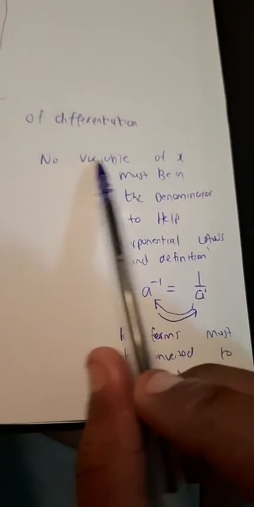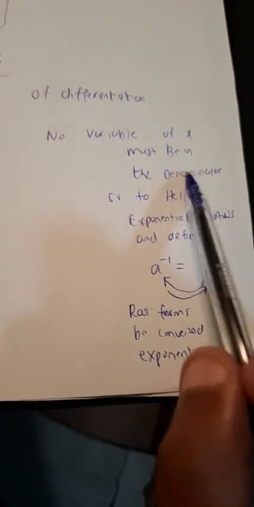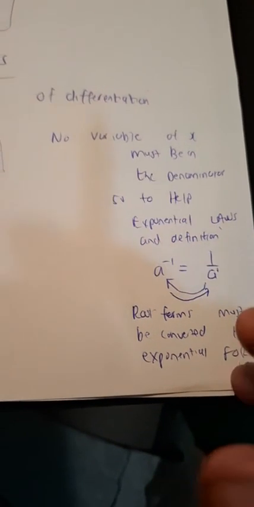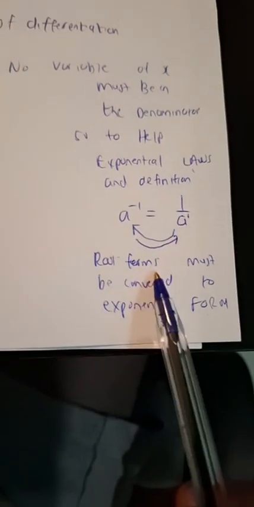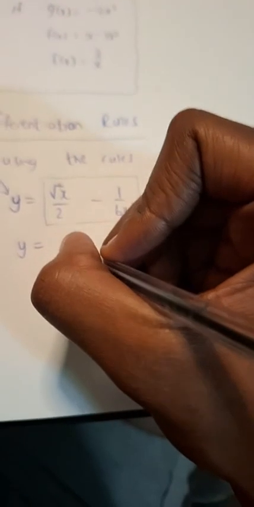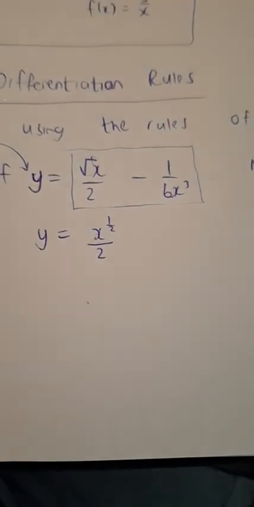So there are two things here. We cannot differentiate until all variables of x, because we are deriving with respect to x, are moved from the denominator. And secondly, all root forms must be converted to exponential form. Okay, so let's go. This root x can be written as x to the power half over 2. Hey guys, I hope you can see that.